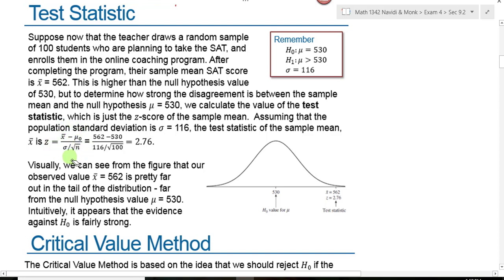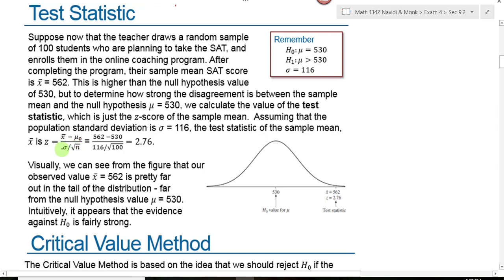Your test statistic is just a z-score, where x bar is from your data. Here we were told that x bar was 562, and the mean that we're using is the mean from the null hypothesis, so that would be the 530 right here. Do y'all see that? And then this is our standard error that we got from the central limit theorem.